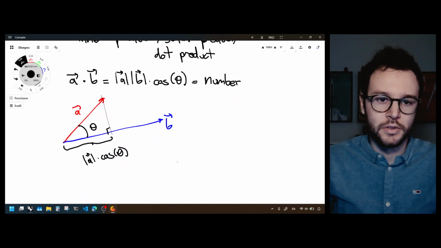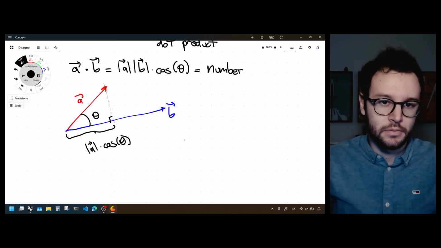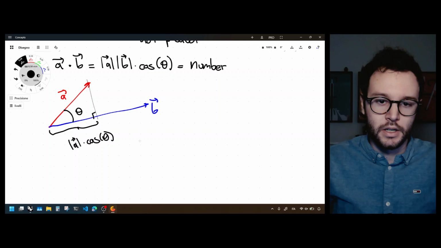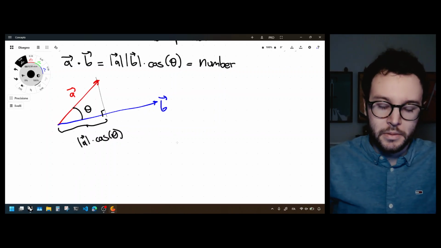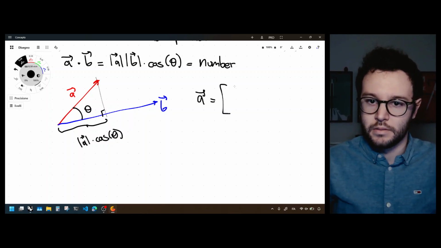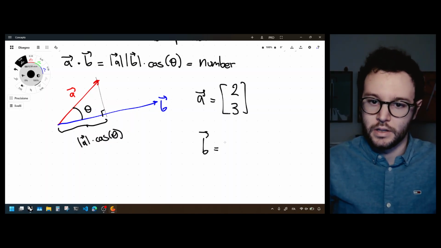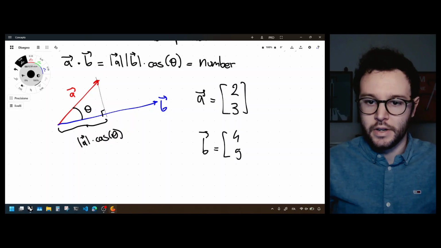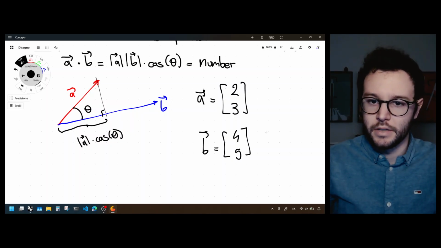And you could also compute it with elements, but it doesn't matter. We don't need to see it, or maybe we can at least. Let's say that A is 2, 3, and B is 4, 5. Okay, so we have 2 vectors.